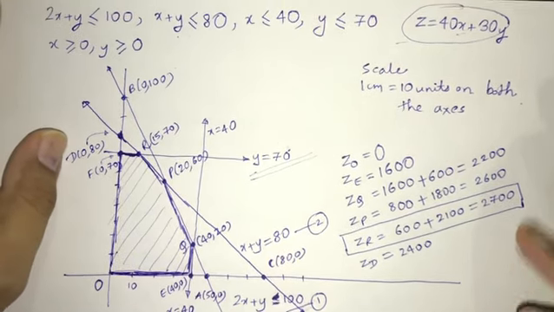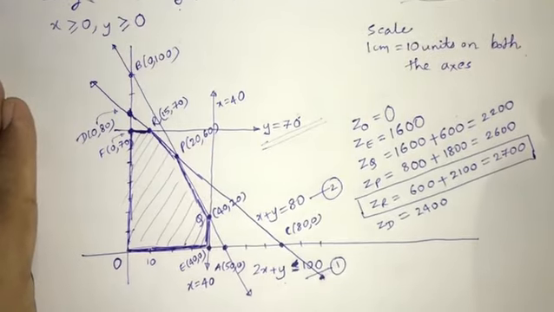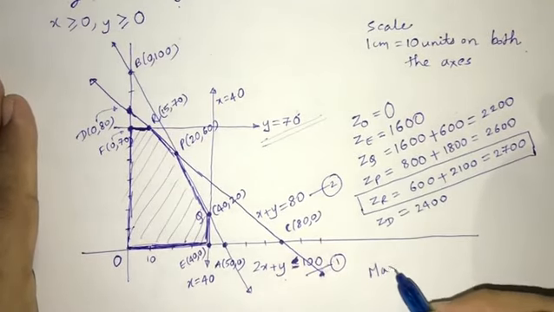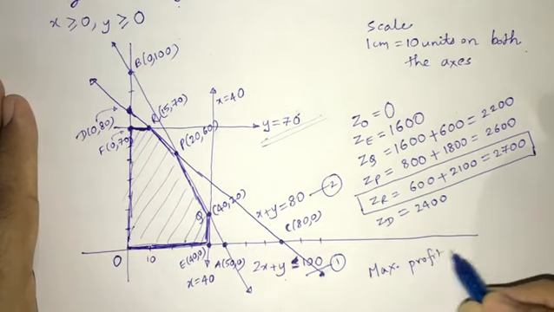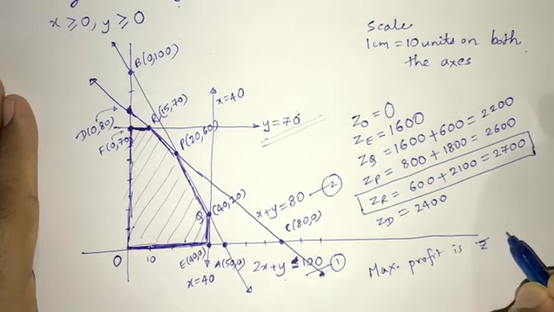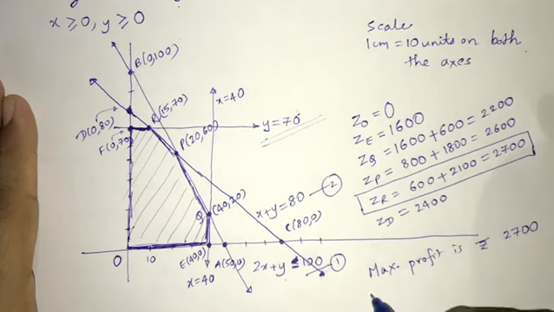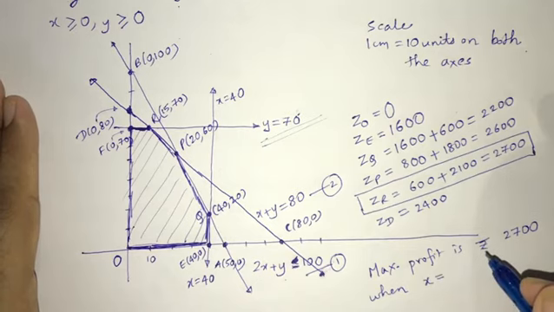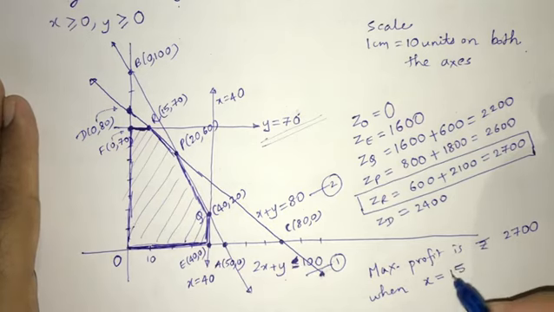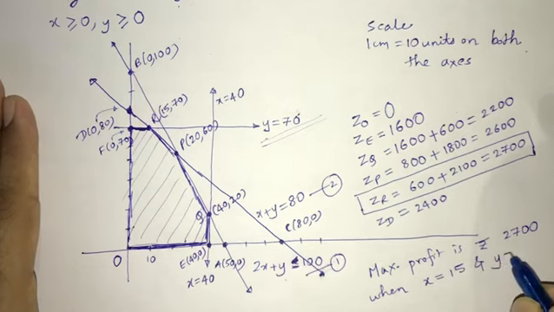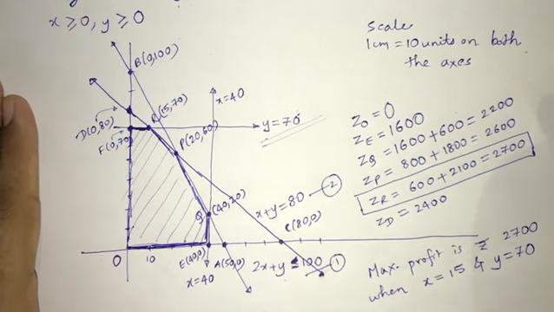So what should be the final answer? The maximum profit is rupees 2700 when X, the number of belts of type B1, is 15, and the number of belts of type B2 is 70.